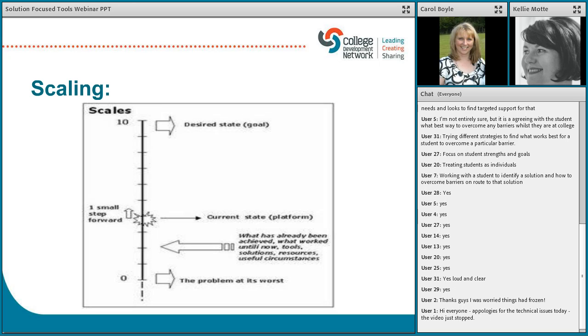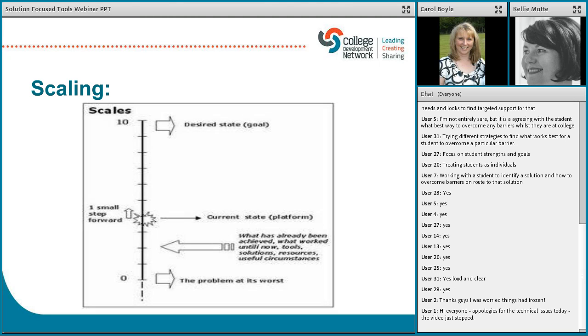If the person describes themselves as a very low number, you might ask questions like, so how do you cope when things are really difficult? And ask them, well, what do you do? Who's actually helping you to cope? Or you might ask, what is stopping you from moving down one number?